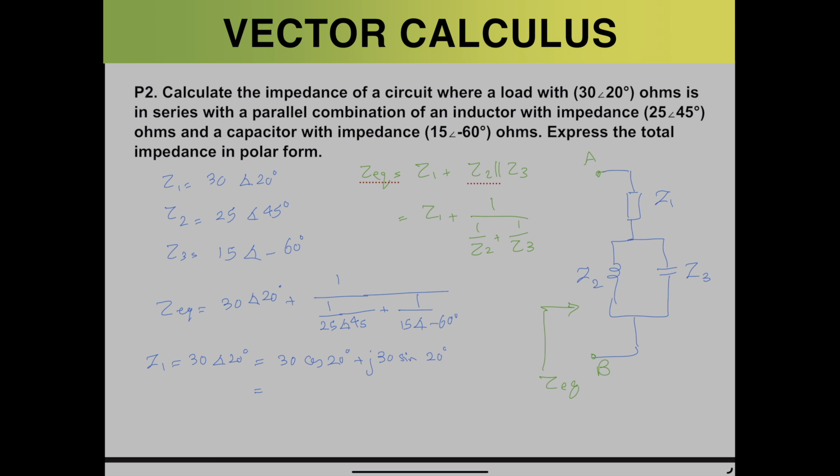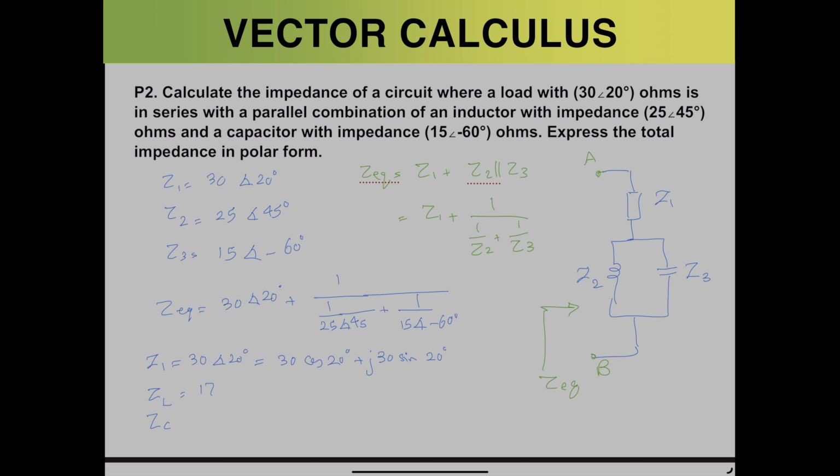If you simplify this for all of Z1, ZL, and ZC, I'd like to just simplify this for ZL.